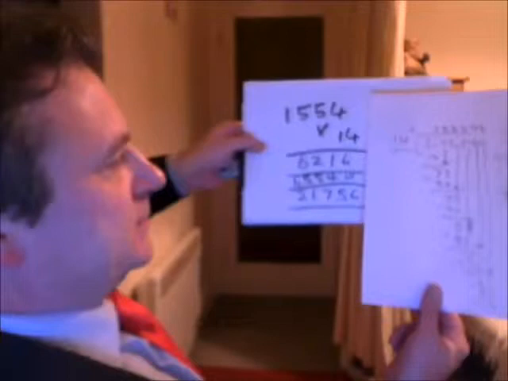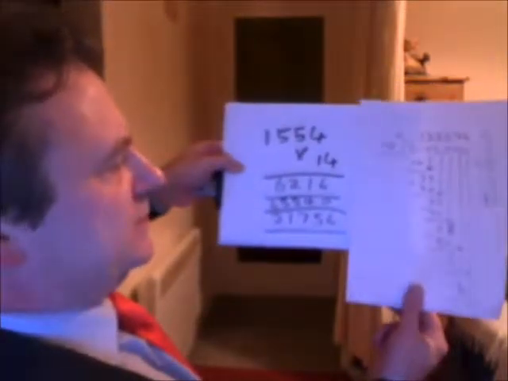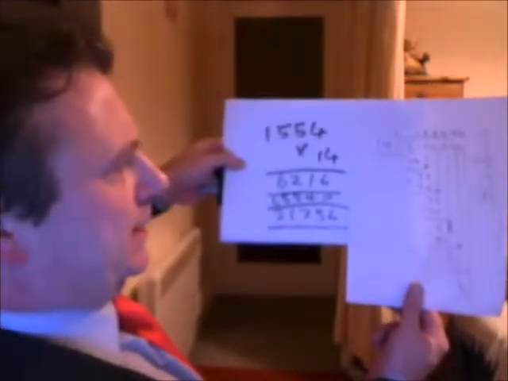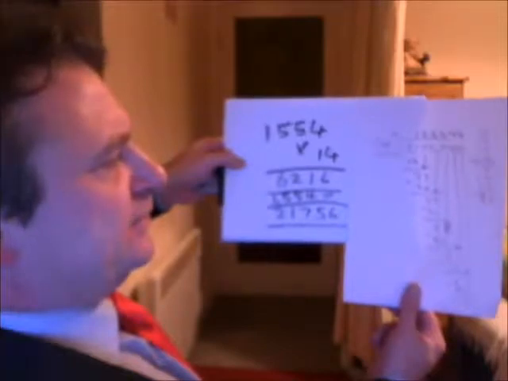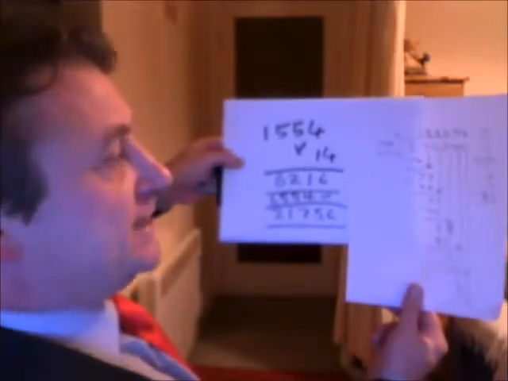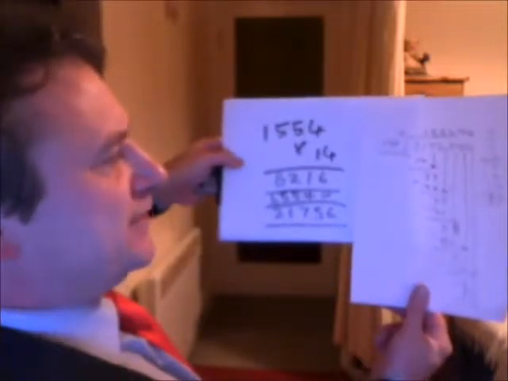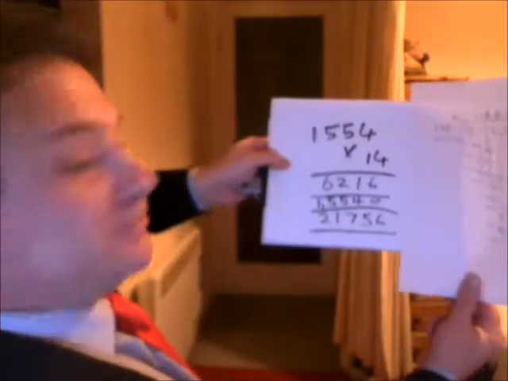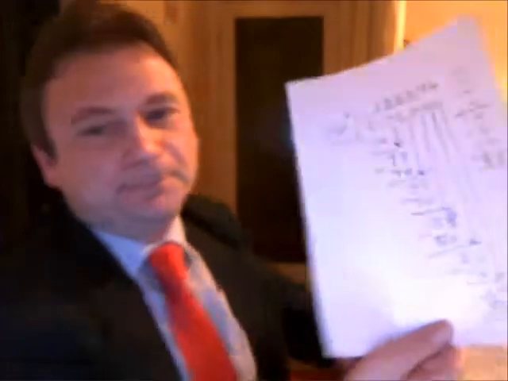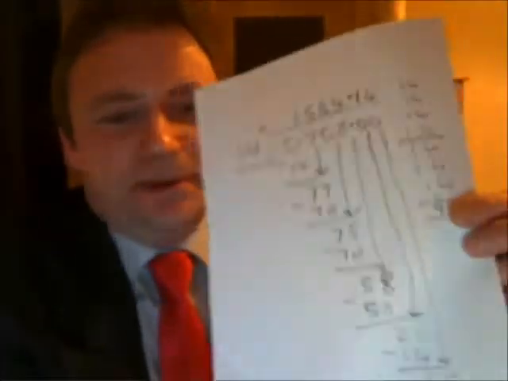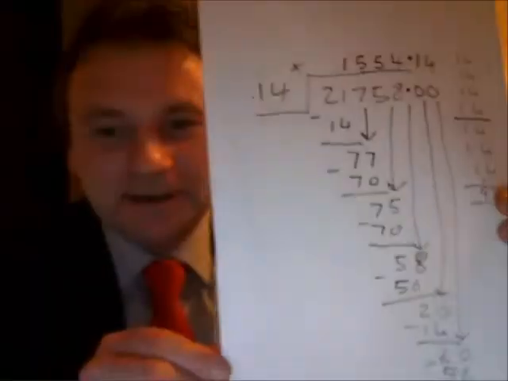So that would have equated to 1,554 and 2/14. But we changed it into a decimal, which is 1554.14. So that multiplication proves that we have done the division correctly, despite me making a mistake earlier.